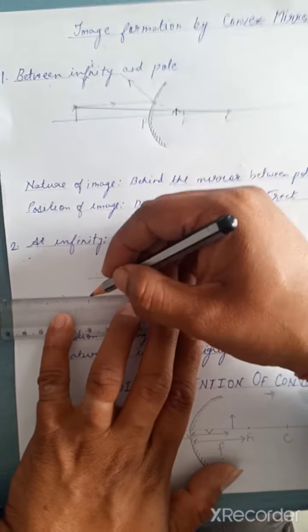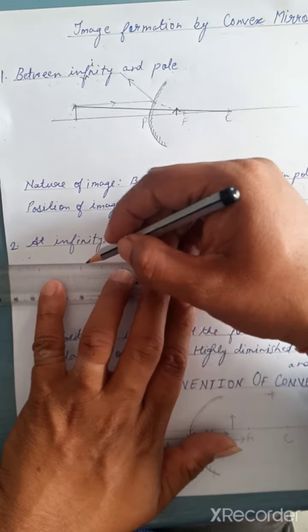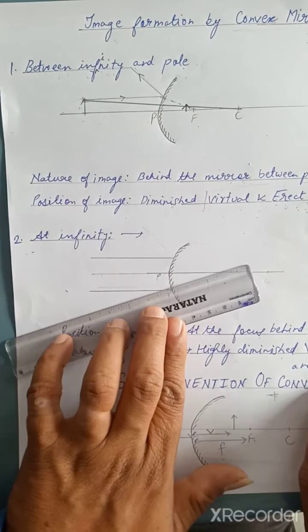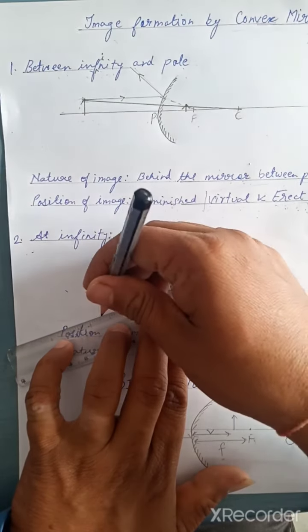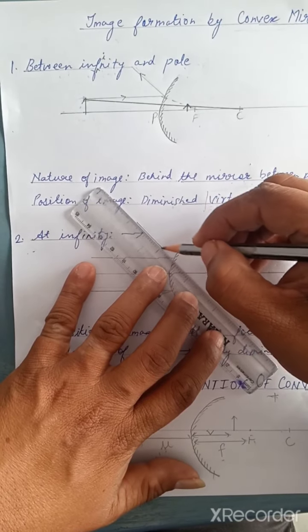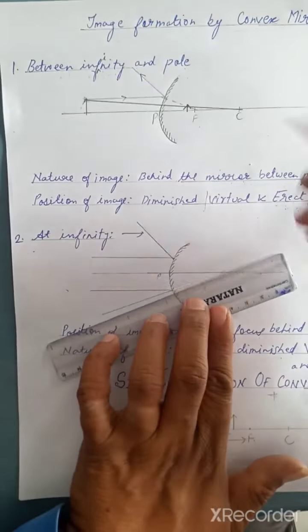So we draw the rays, these are coming from infinity. After striking the mirror, they will diverge.